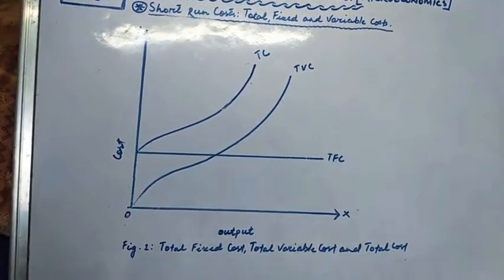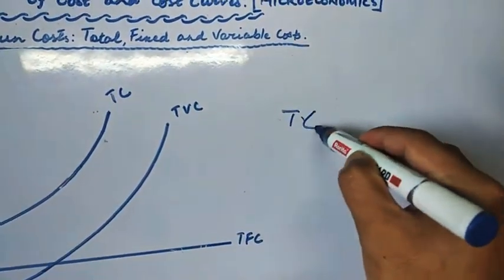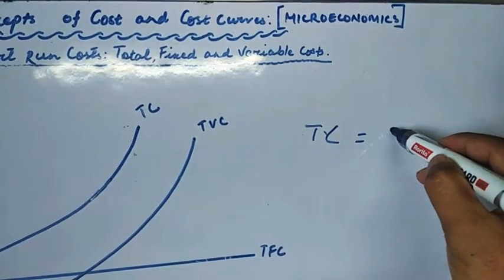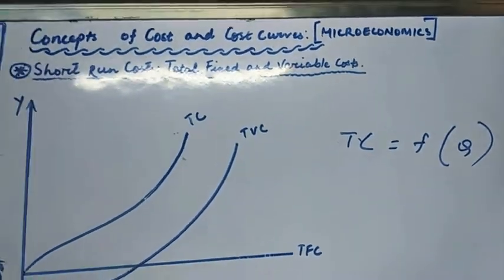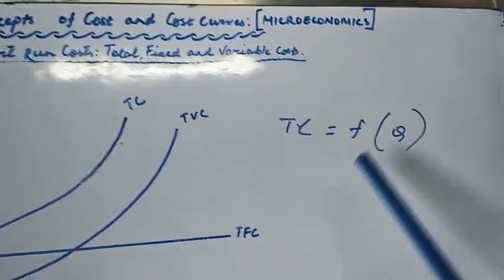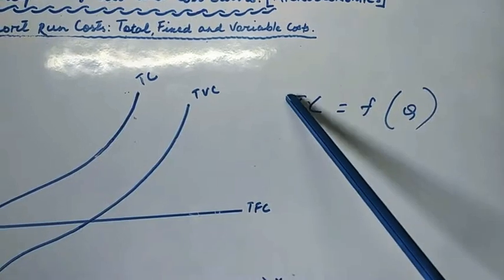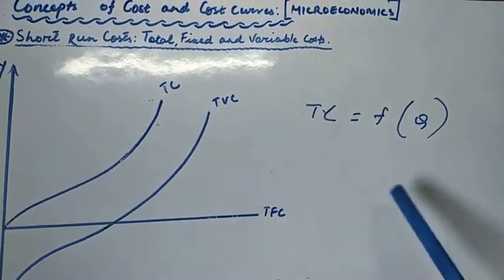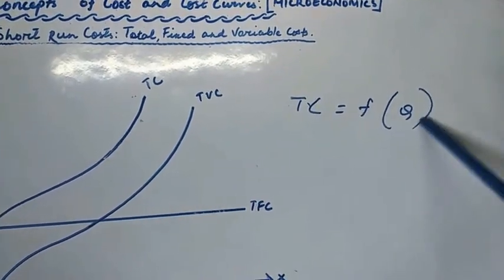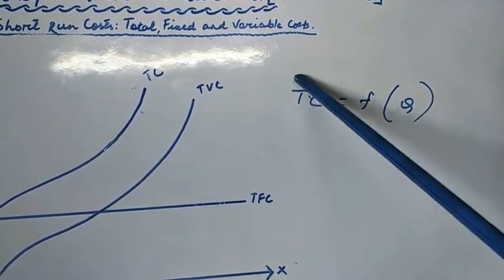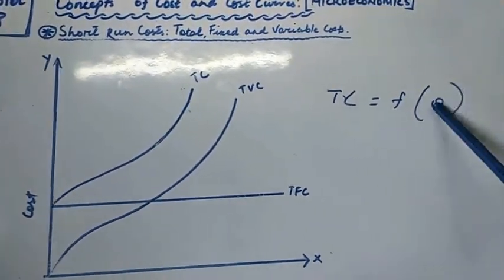In symbols we can write total cost equals a function of Q. This equation says that depending upon the level of output, total cost is incurred. When there is an increase in output, total cost rises. When there is a decrease in output, total cost falls. So total cost is a function of output.